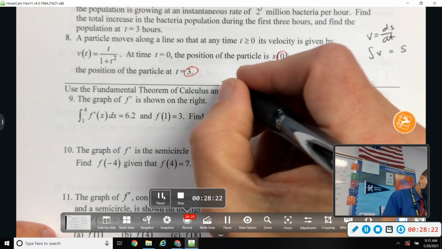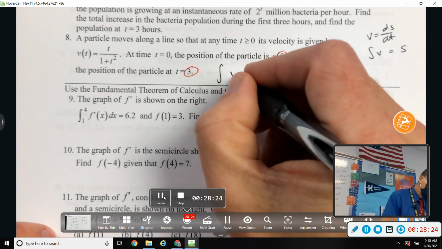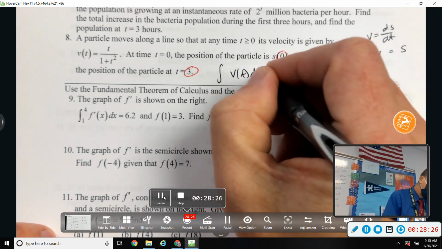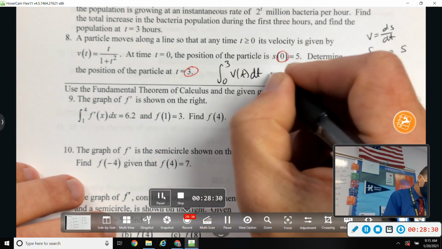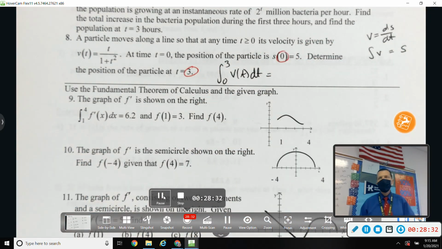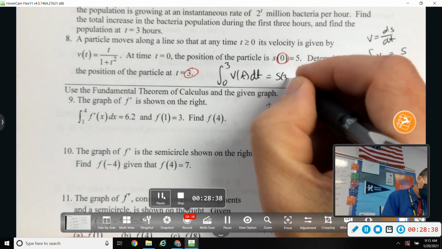So if I integrate velocity, I'm not even going to plug it in there yet. If I integrate velocity from 0 to 3, if I antiderivative velocity, I get position. So this would be s of 3 minus s of 0.